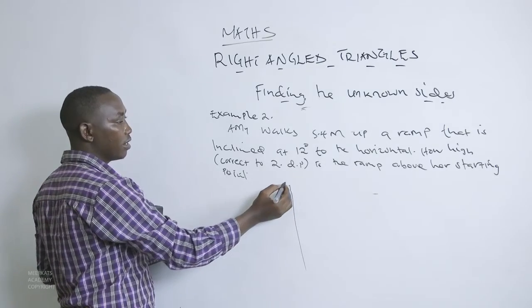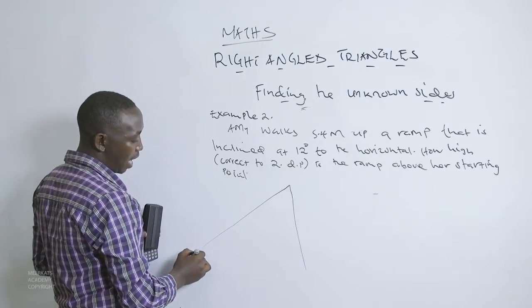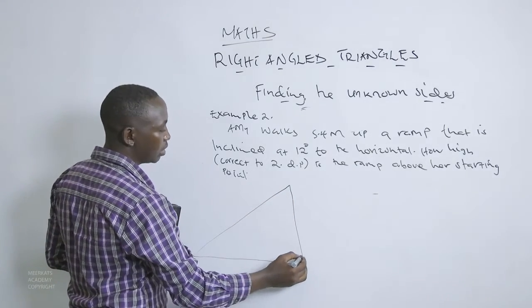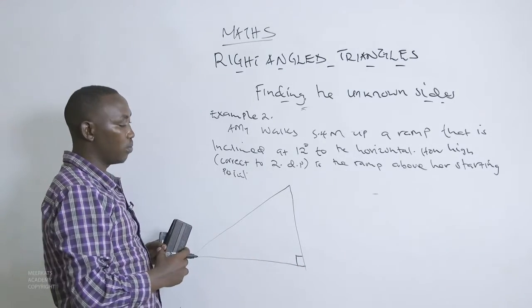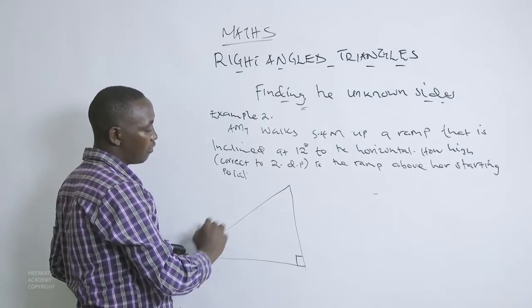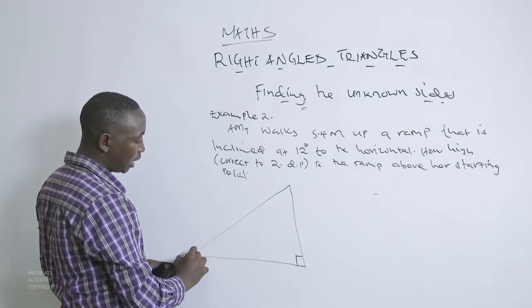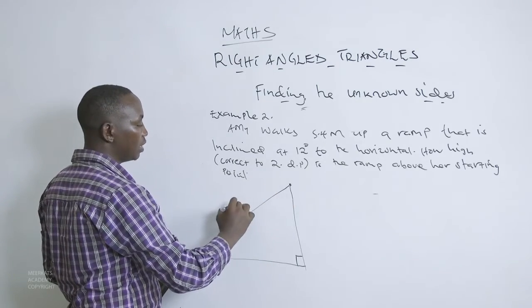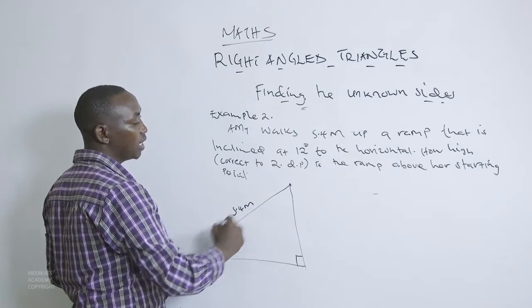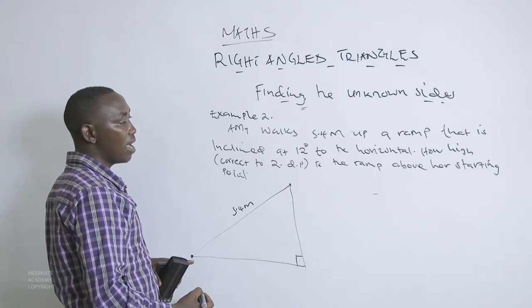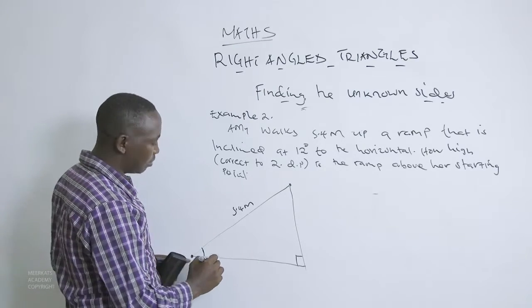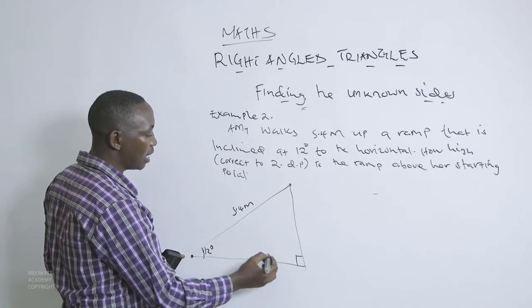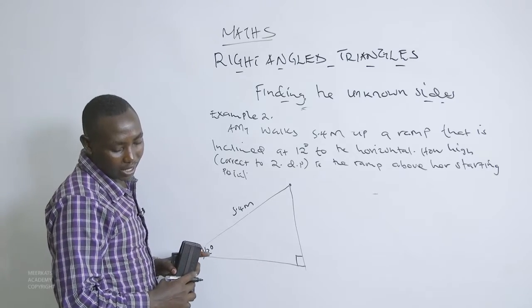Now we have the wall, then we have a ramp on which Amy is walking. So she has walked from this particular point to the top, that is 5.4 meters along that particular ramp, and we have been told that the ramp has been inclined to the horizontal at 12 degrees.